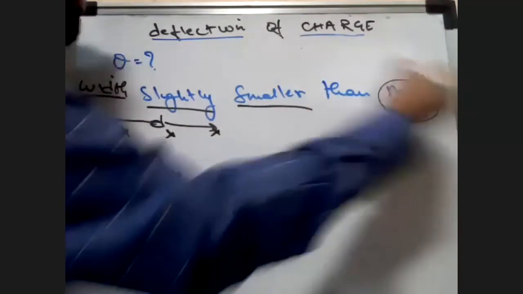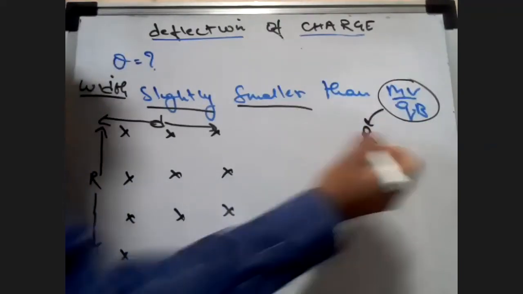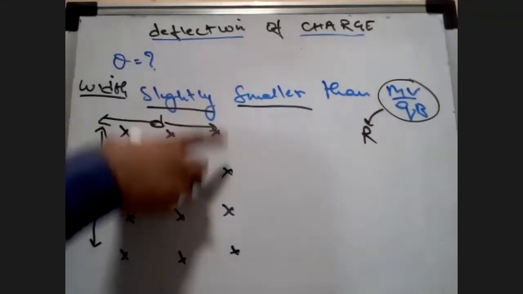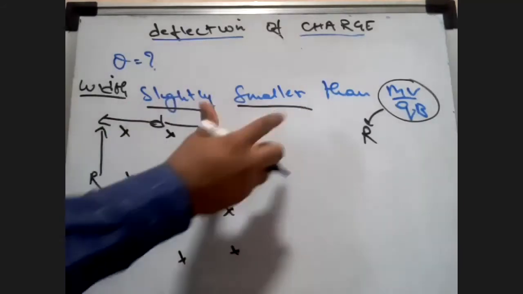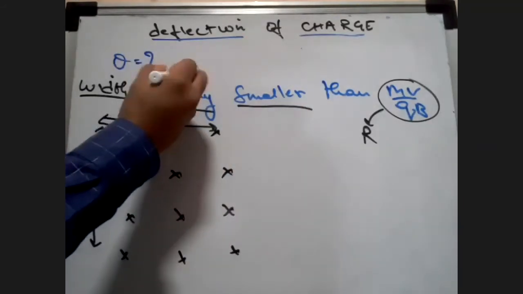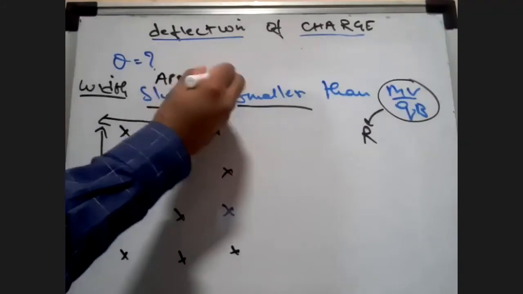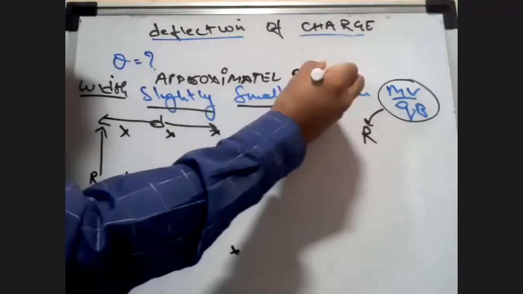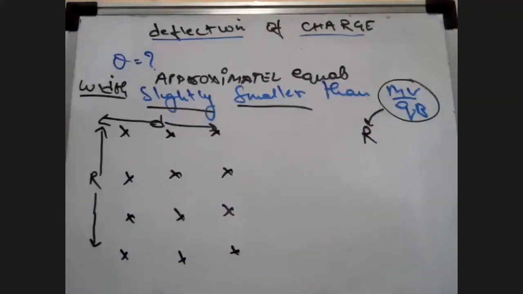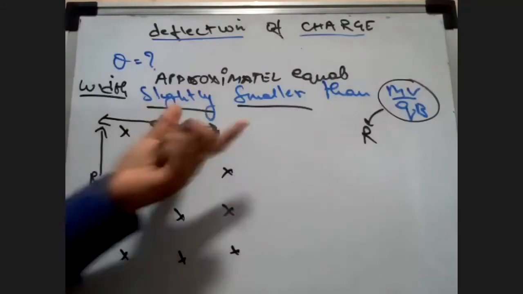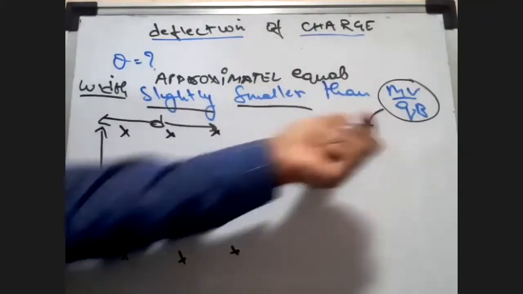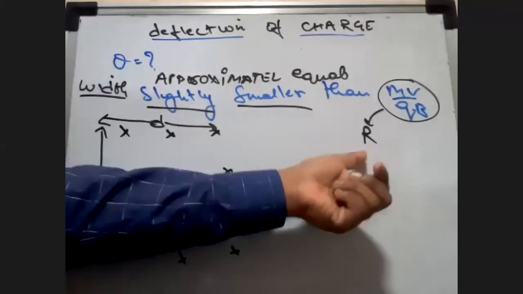But what is mv upon qb, students? It is the radius. So if the width of the magnetic field is slightly smaller, you can say it is approximately equal to mv upon qb, which is basically your radius.